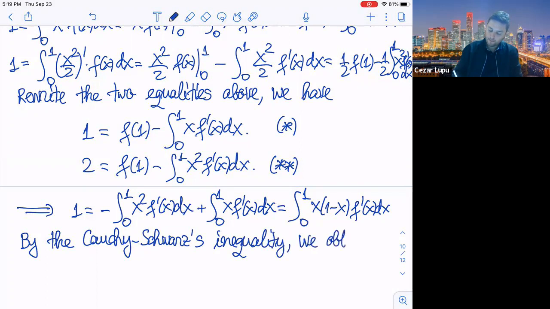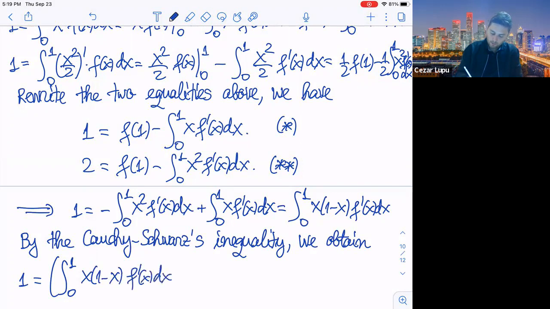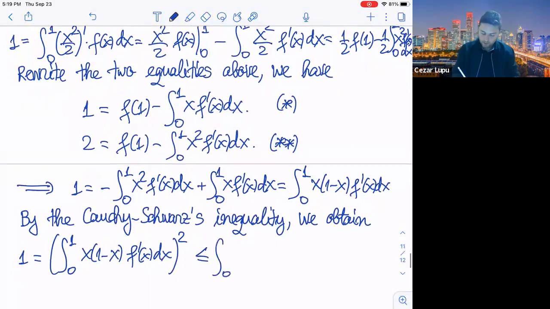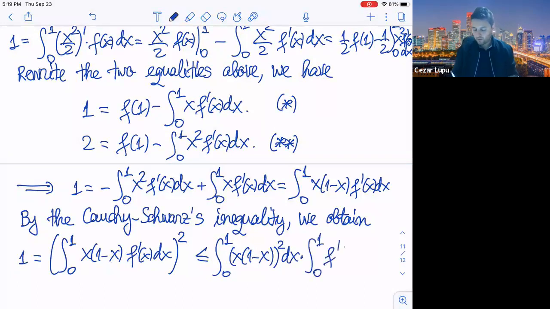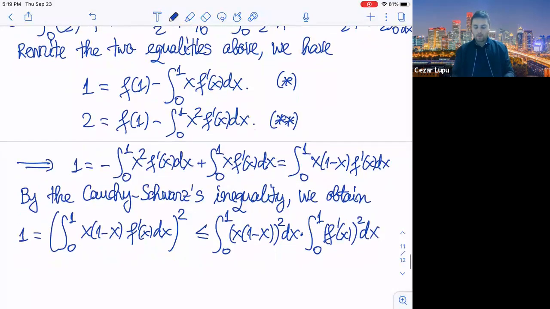We obtain that 1, which is this guy here, is less or equal than the integral of x times 1 minus x squared dx times the integral of f prime of x squared dx. All right, and now the only thing we need to do is just to compute this guy here.